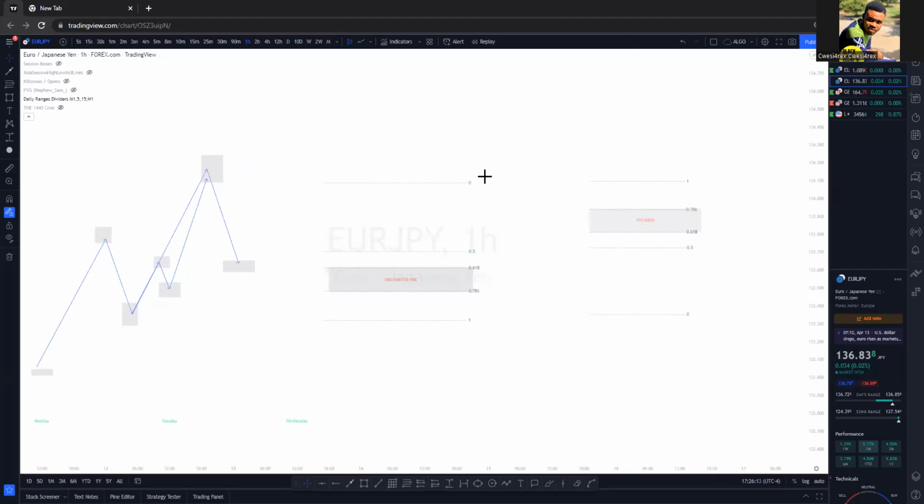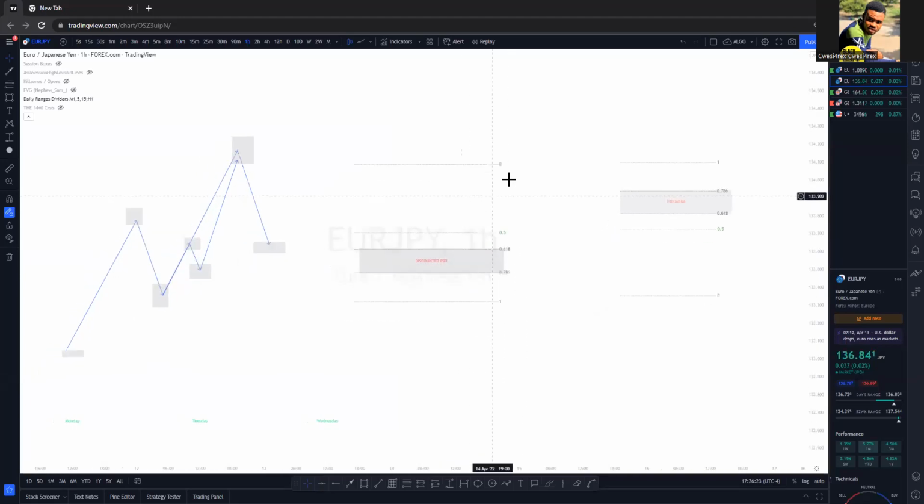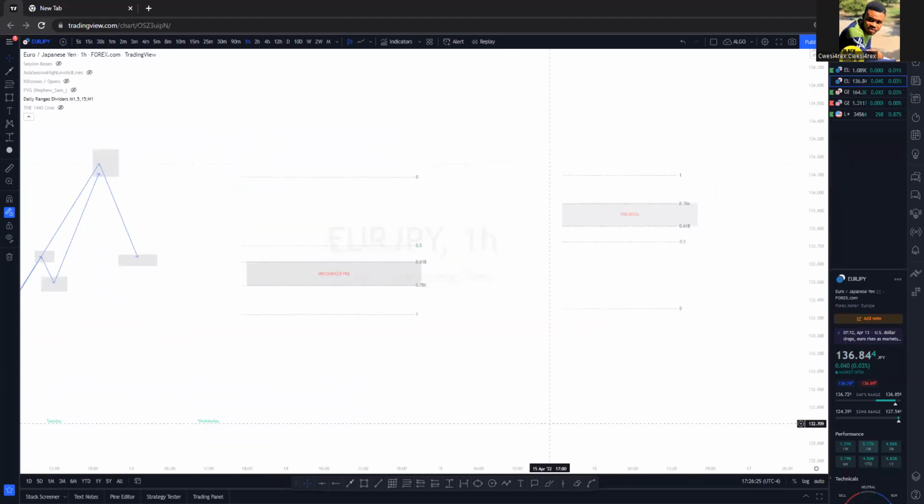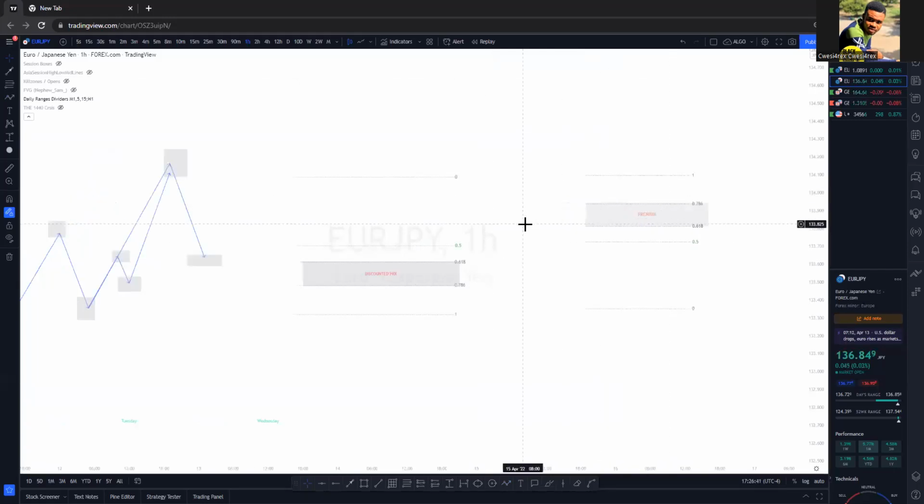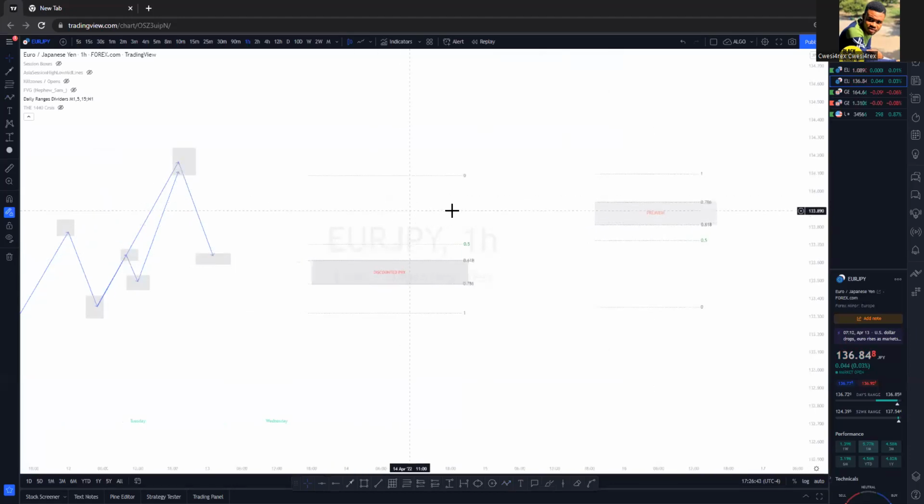Always look for a POI within your premium price and your discounted price. Never look for a POI below the equilibrium price. No, that will be a fake out or an inducement for the premium price order block, or inefficiency or IFCs and other stuff, right?